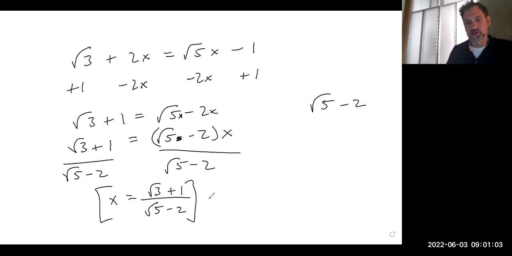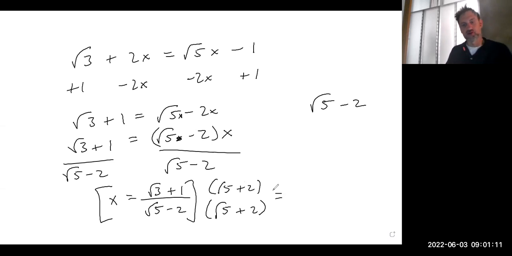Now, if you want to rationalize it, you can, and we talked a little bit about that in a previous video. You have to multiply by the conjugate, square root of 5 plus 2 times the square root of 5 plus 2. And that would be a good exercise for you to check your binomial distribution, to check your simplification of radicals, and you can check some of that as an answer, right?